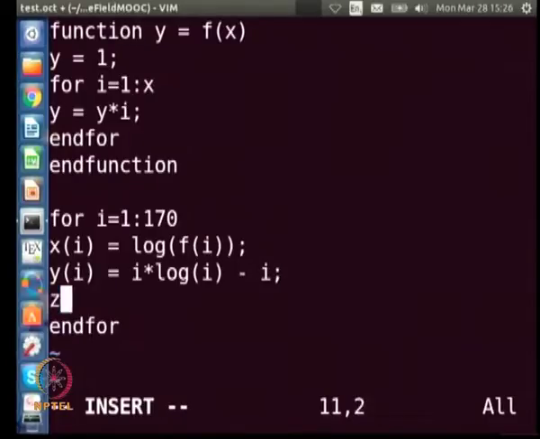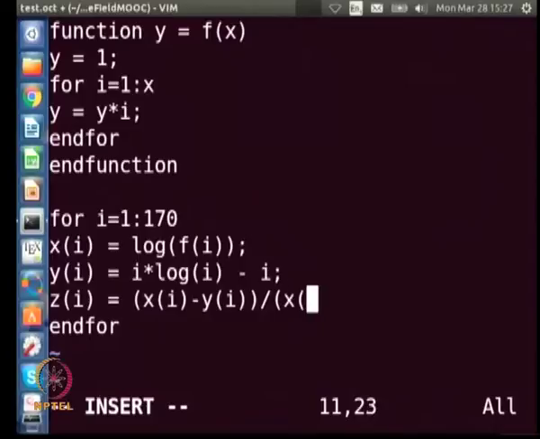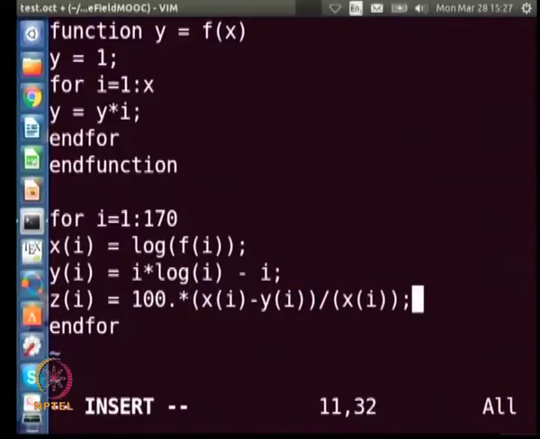So z of i is the logarithm of f of i, that is x of i, minus y of i, divided by x of i. The total thing is multiplied by 100 to make it a percentage. So plot z.